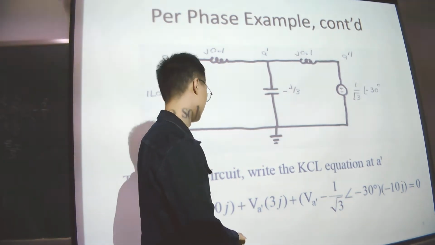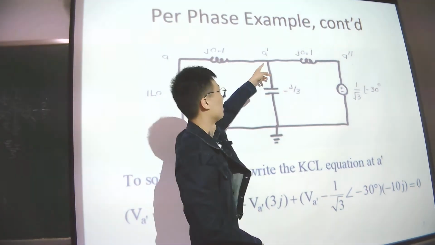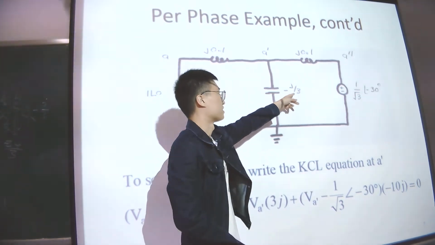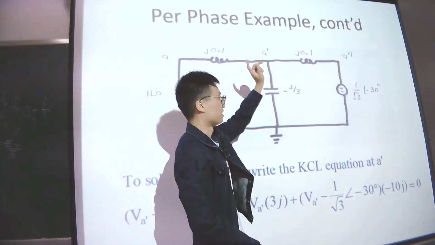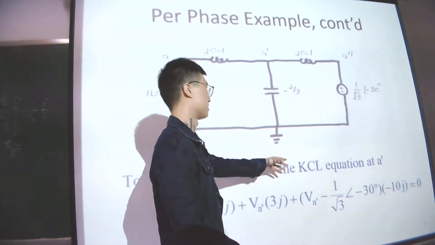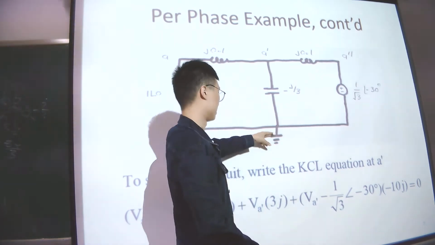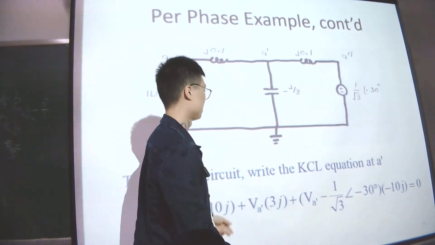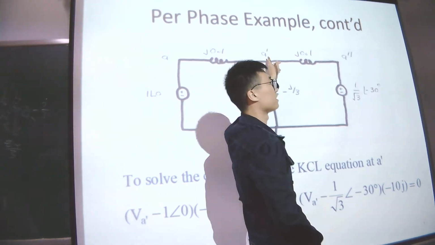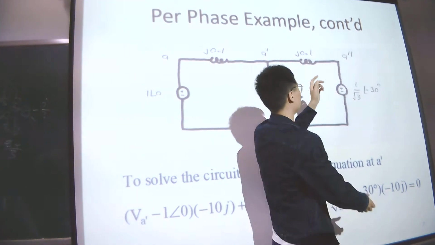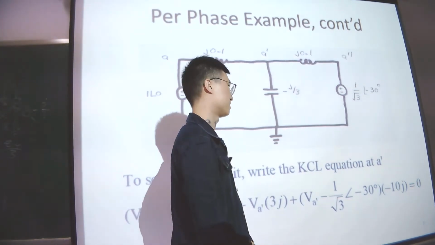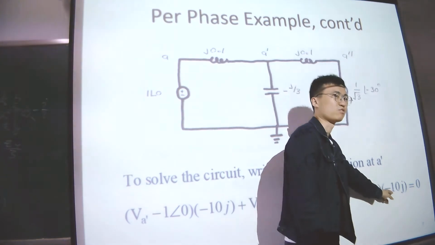And up here, you can see the voltage here divided by 3, divided by j, divided by 3, just like multiplied by 3 times j. And this is the current here. And for this, the current is voltage A minus this voltage, the voltage A across this transmission impedance, right?